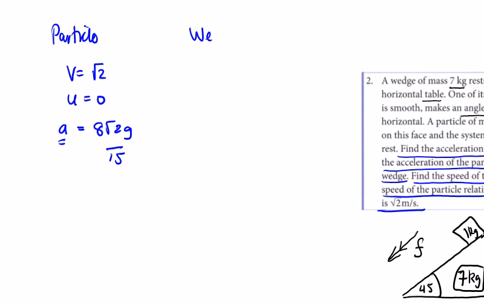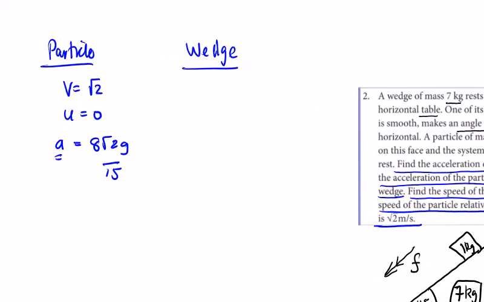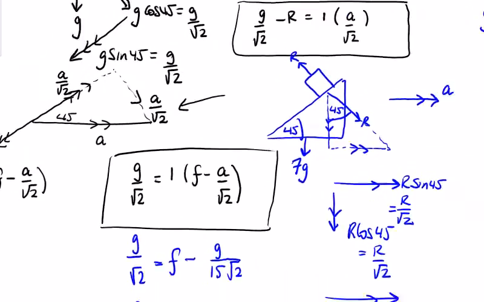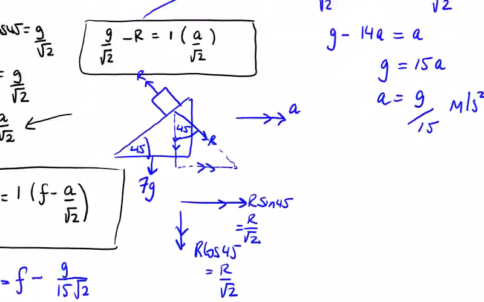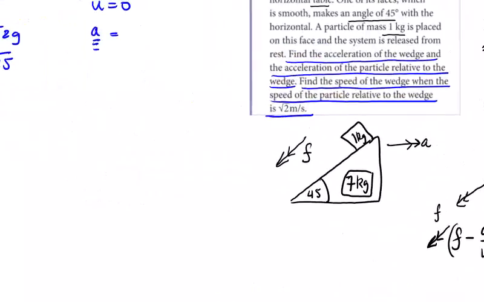We're looking for the speed of the wedge. So if we're looking at v of the wedge, the system also starts from rest. We have the acceleration of the wedge, which was g over 15.